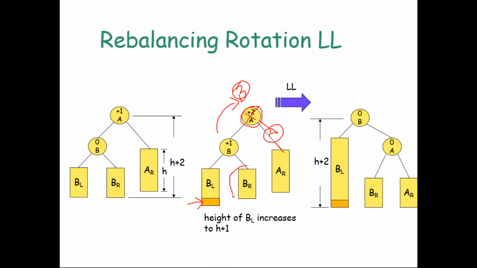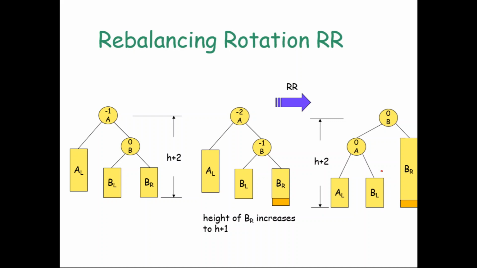BR is greater than B, but less than A, so it will become the left child of A. This will be the result of this rotation. After this rotation, B becomes the root of the tree. A goes down, and the right subtree of B has now become the left subtree of A. This would be the result of this particular rotation. Fine.